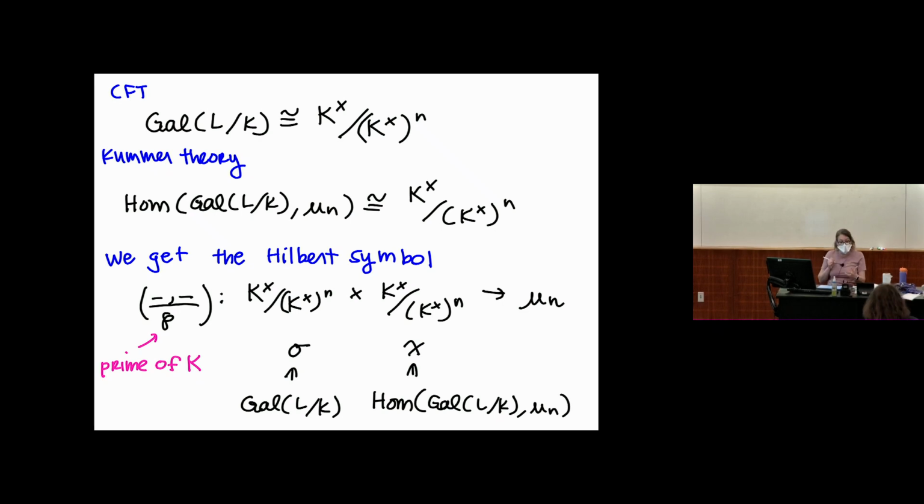Chi takes a Galois element and sends it to mu n. So if you have a chi and a Galois element and you want a mu n, you just apply chi to sigma.